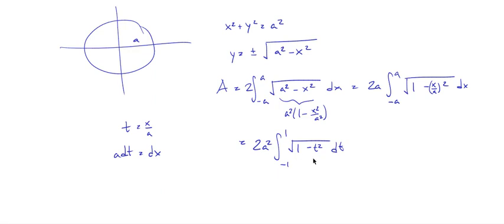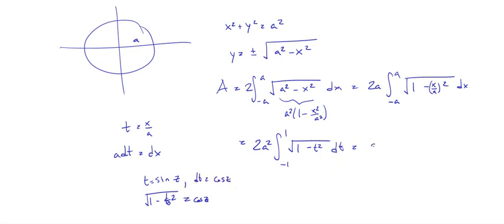And now we have to do another change of variable, because this is one of those integrals that need a trigonometric change of variable. So let's write t is the sine of z, for instance. And so now the square root of 1 minus t squared is the cosine of z, and dt is the cosine of z dz too.